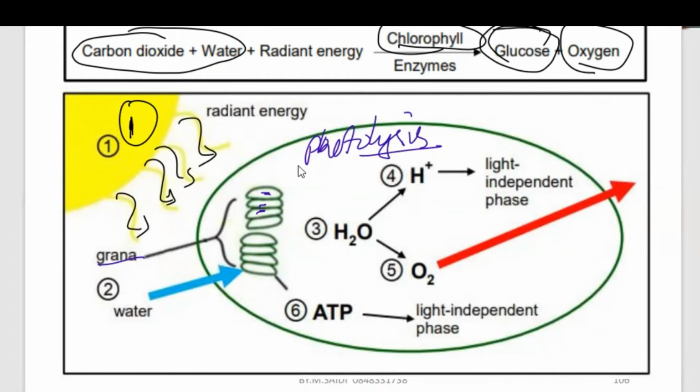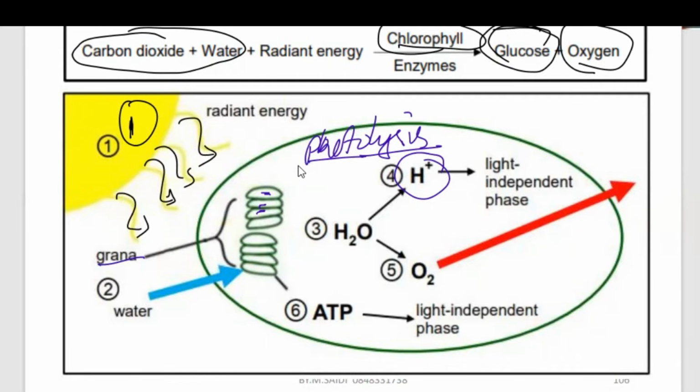Lysis means splitting and photo means light, so you are splitting using light. Photolysis occurs when water is split. There is a chemical way we can present it, but generally this is what is happening.